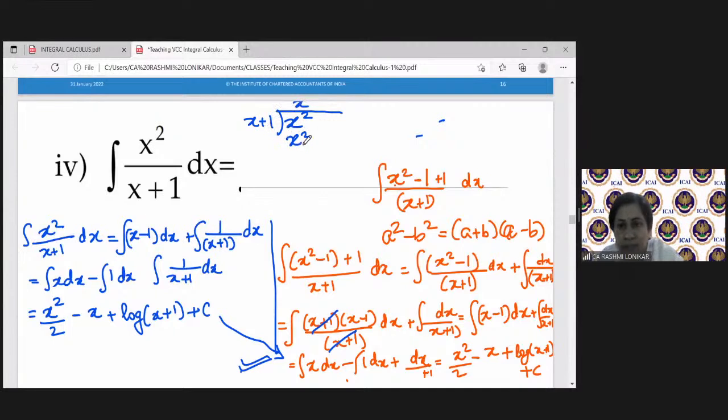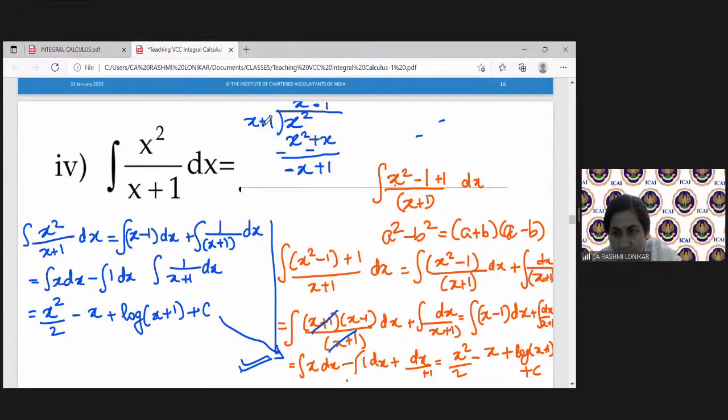x into plus 1 will give me plus x, right? When I subtract them, what will happen? This x square and this x square will get cancelled. I am left with minus x. Now with this minus x, I bring in this plus 1 down. Now minus x, I want x, so this will be x minus 1. When I multiply minus 1 with x, I will get minus x.